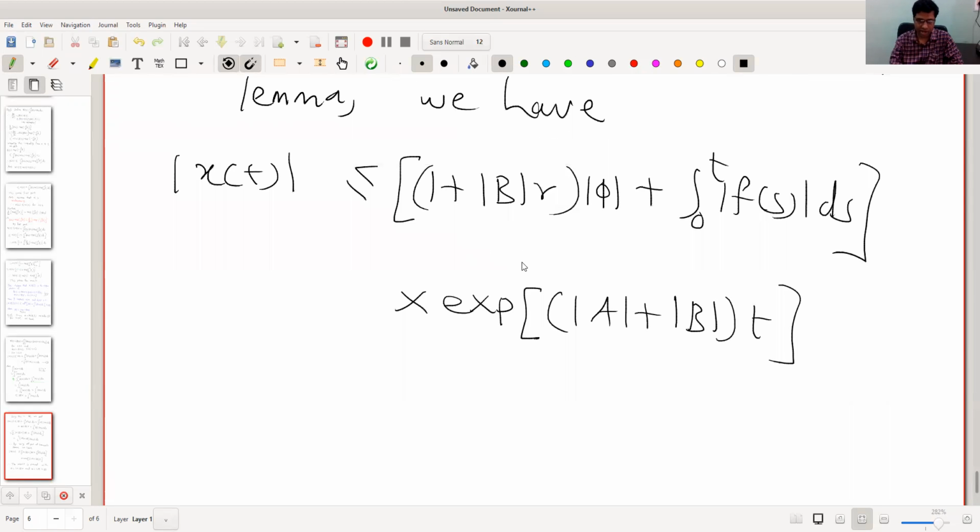So the right hand side is less than or equal to e raised to mod A plus mod B into t.